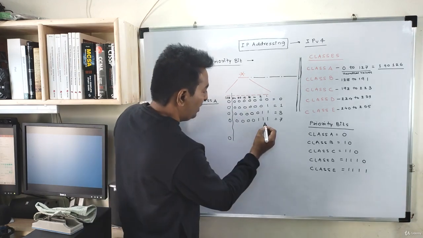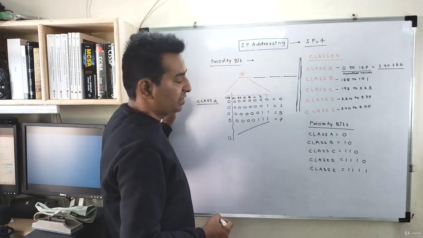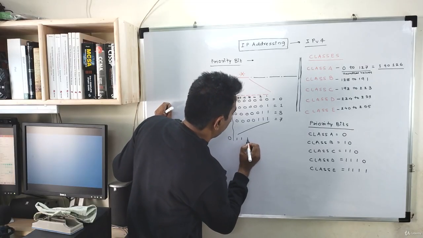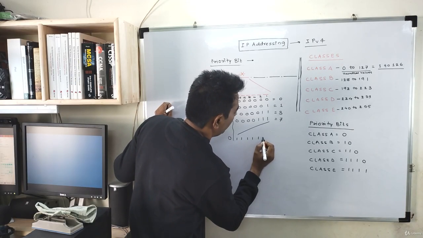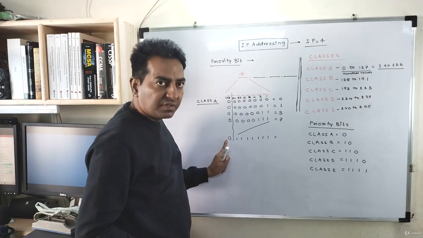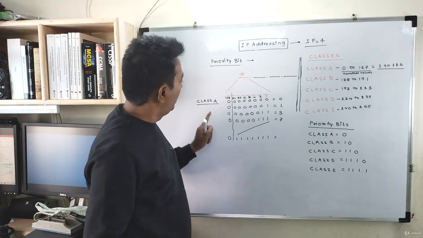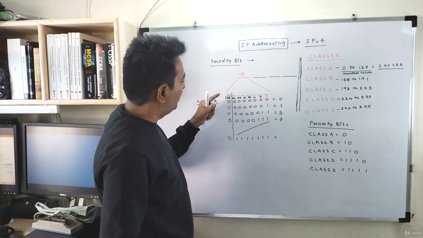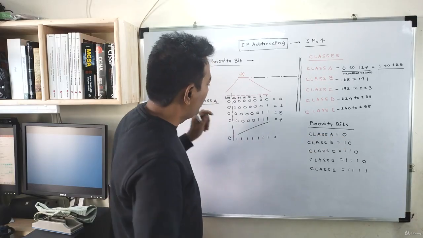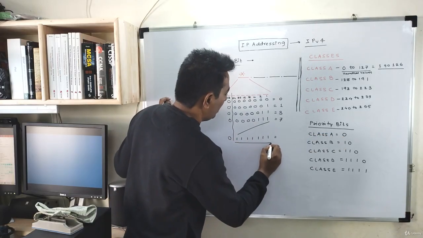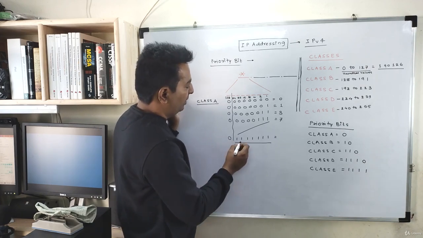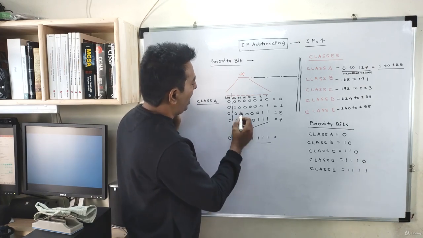Now, if you go to the end of this range, you can turn all the other zeros into 1, but you cannot change the first bit, that is the priority bit for class A. That is why we have set the priority bit for class A as 0. So friends, if all of these bits become 1, then you will have to add all these values.